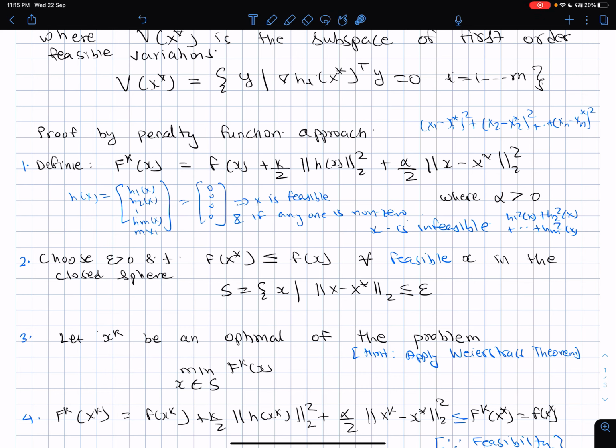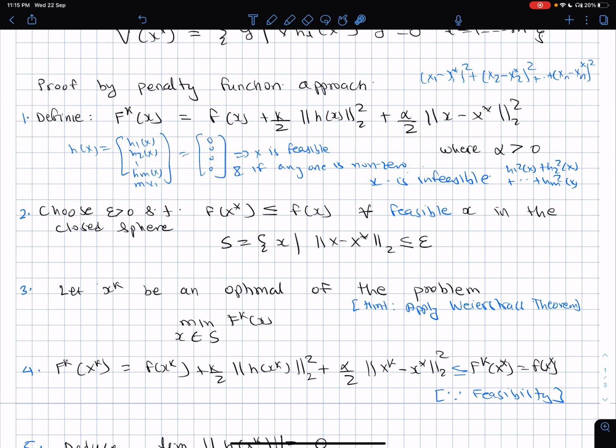So it's like putting a small attractor around x star, so that my sequence does not run away somewhere else. Another way of saying this is that suppose x star was a strict local minimum, then it would be the only feasible point with the least cost in a small enough neighborhood.